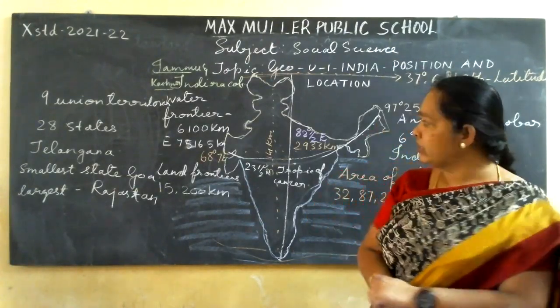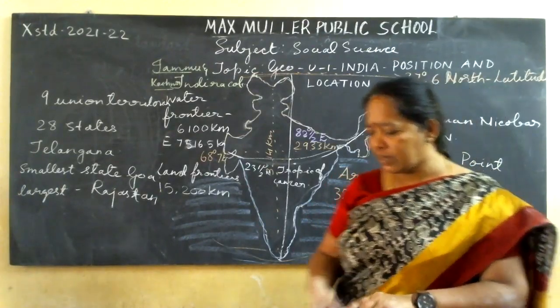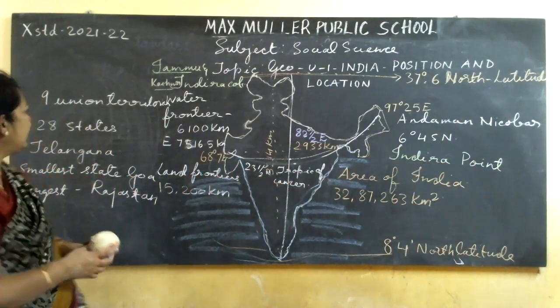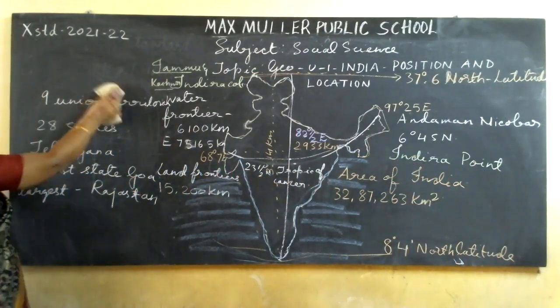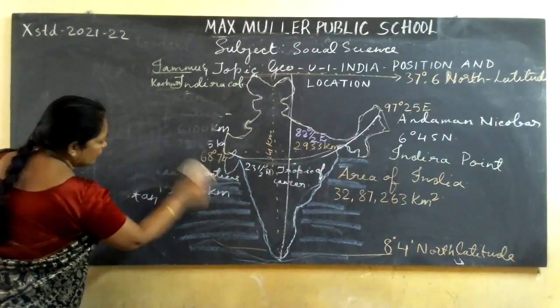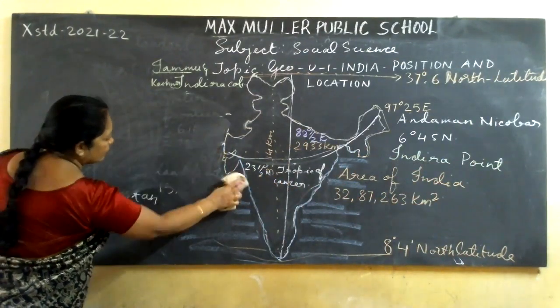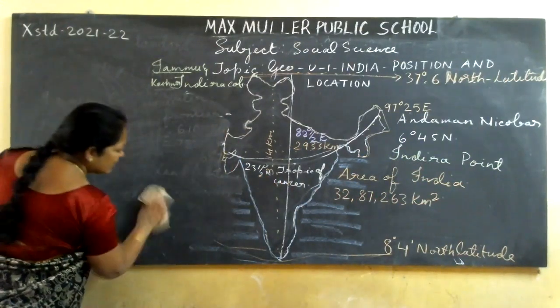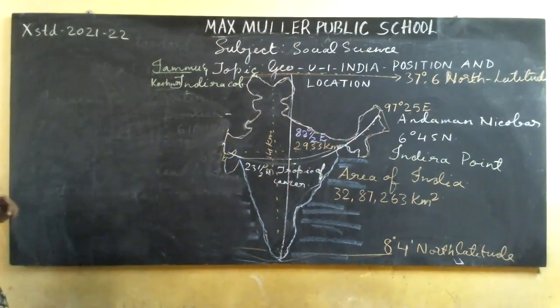Now with this, I want to give you home assignments. This is home assignment number 3, and I have questions on the board. Only 5 questions, very simple ones.